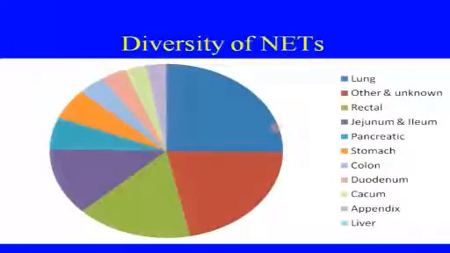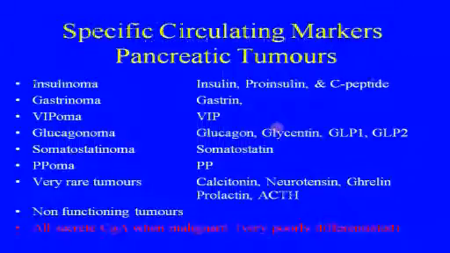We've seen slides like this morning, and we know we've got lots of different tumours, and I'm just going to very briefly say that in lots of those different tumours from different areas, they're going to secrete other peptides or amines or markers as well as chromogranin A, and sometimes these can be very useful.